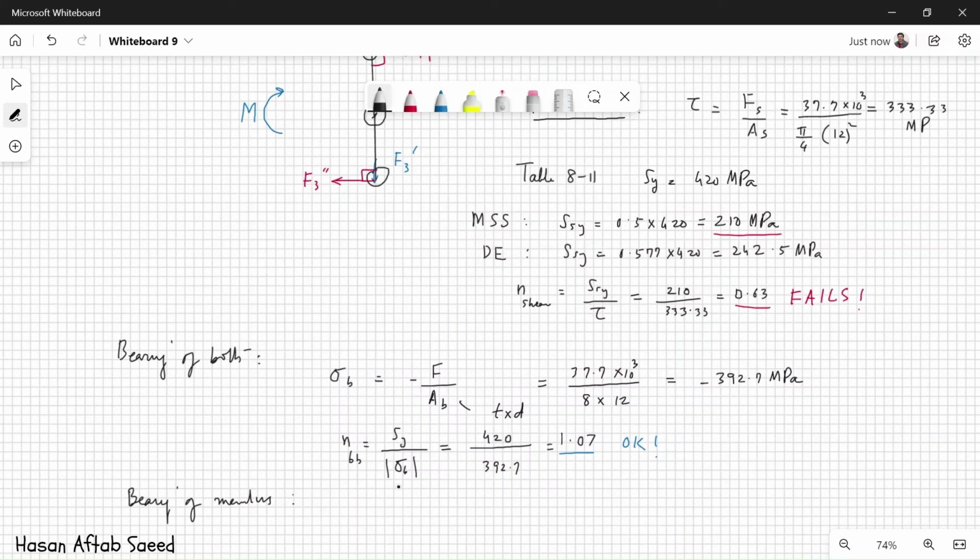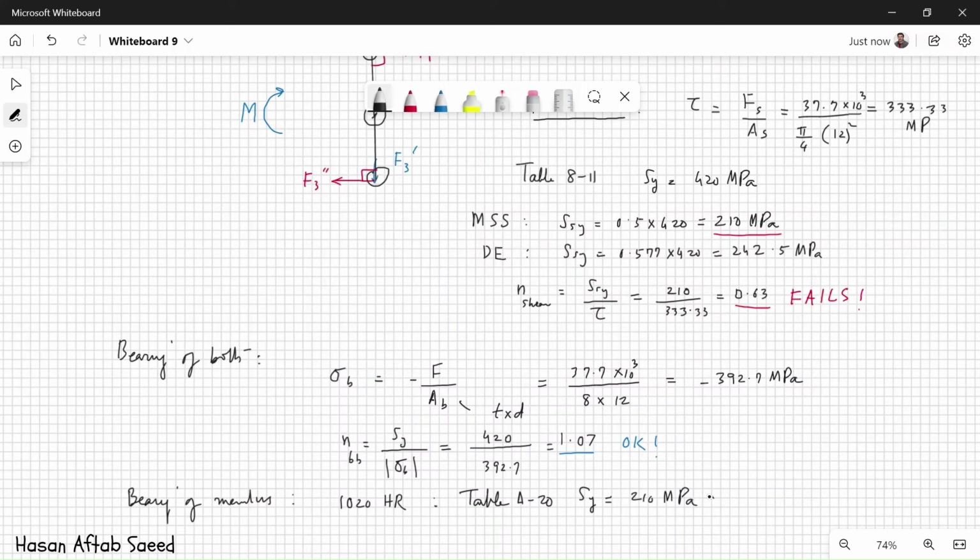Member is made up of AISI 1020 HR hot rolled, and from table A-20 we can see that the yield strength for the member is 210 megapascals.